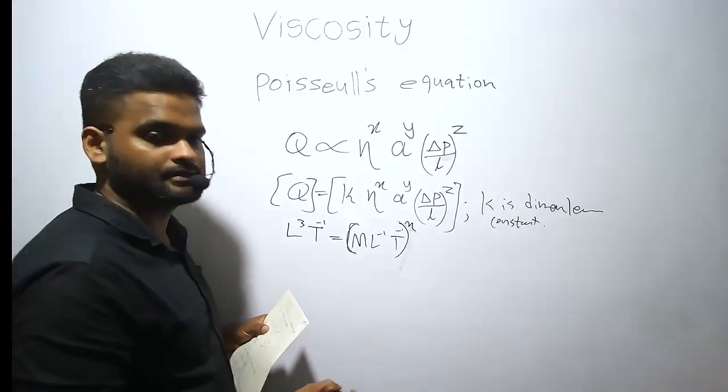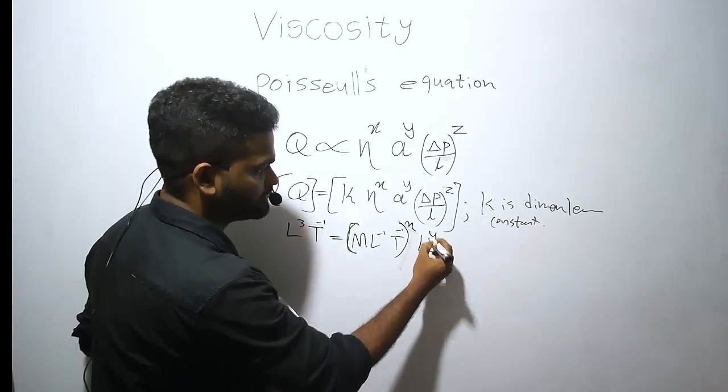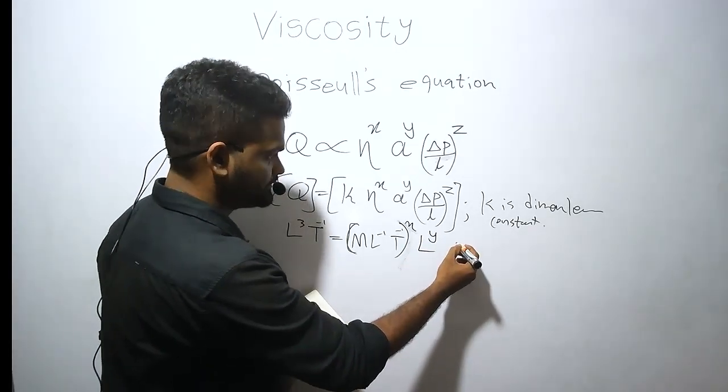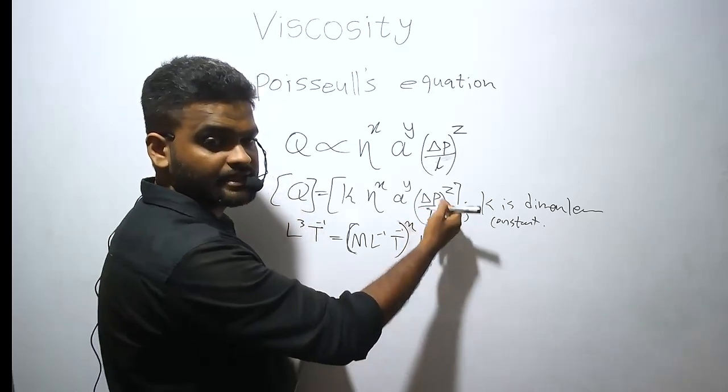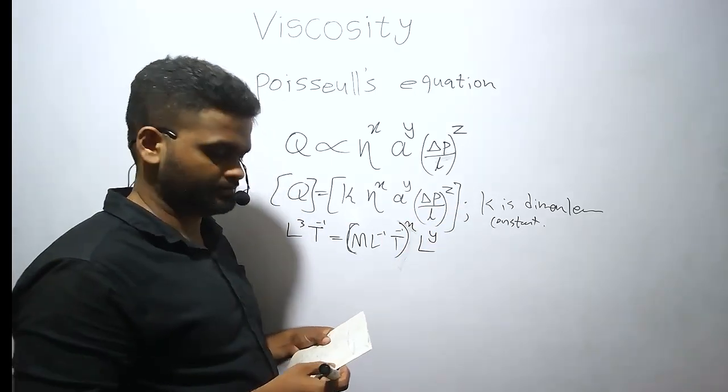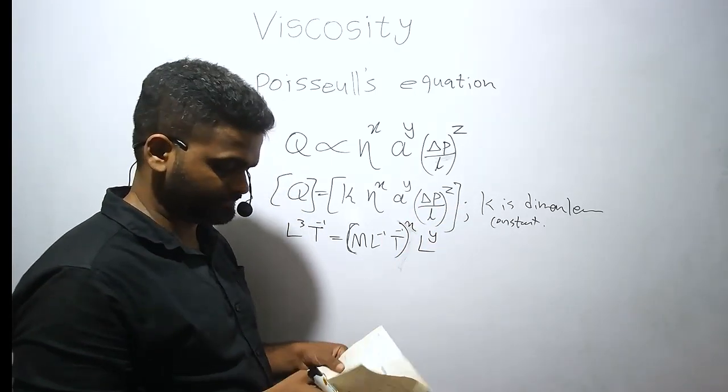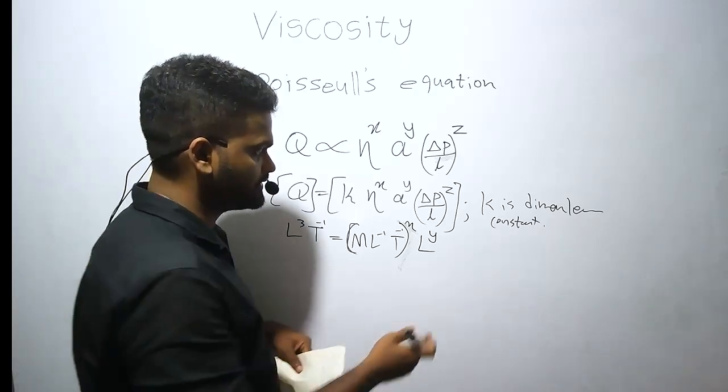Then radius, that is a length, right? So to the power y. Then what are the dimensions of delta P over L? We found that earlier, right? What is that?